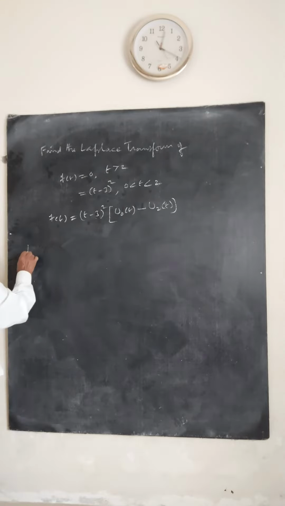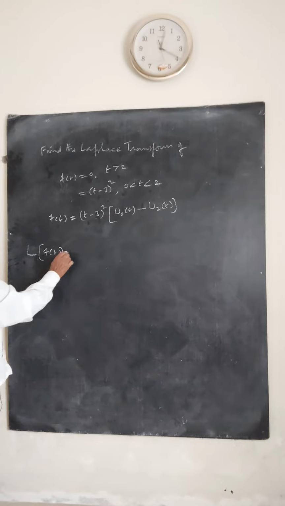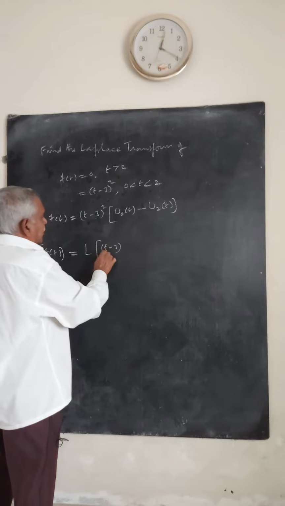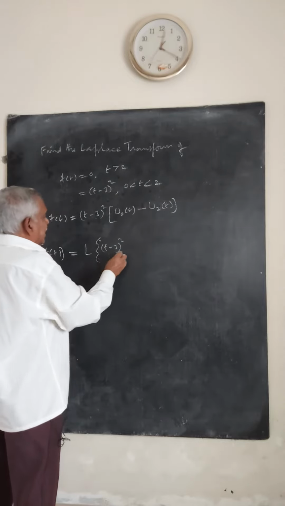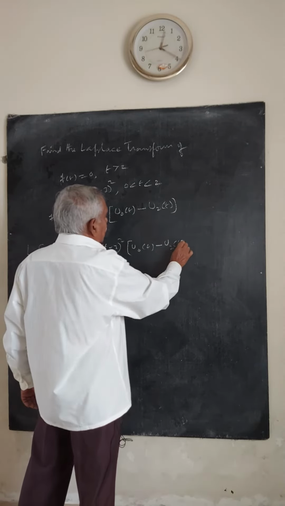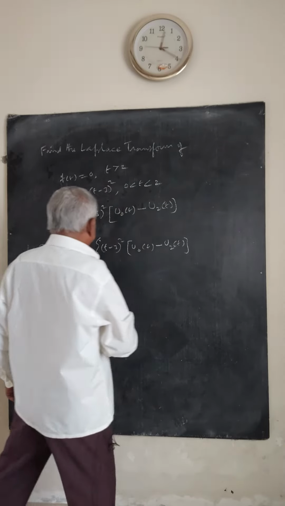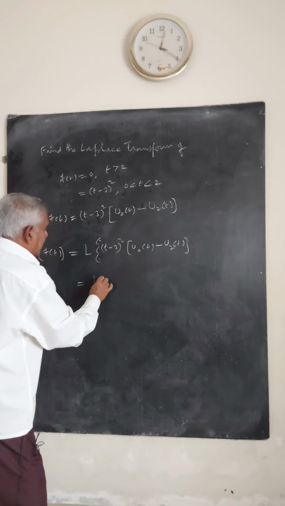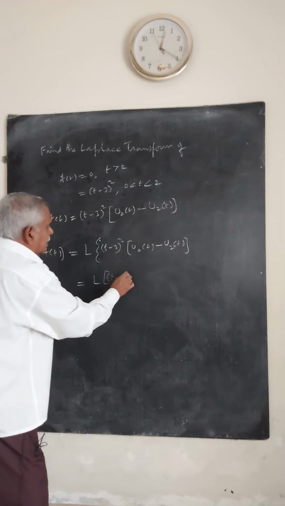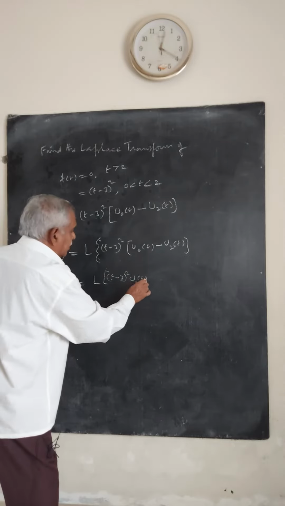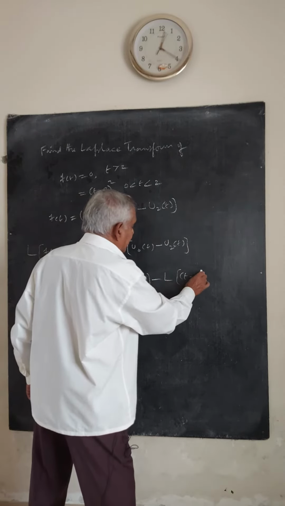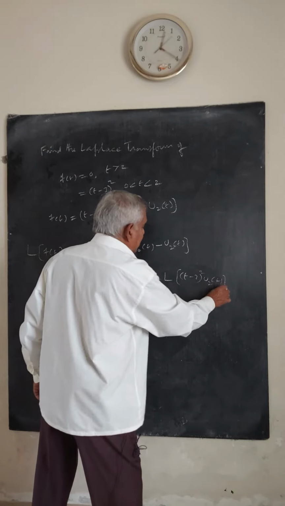Let us do the Laplace transform of f of t. F of t equal to L of t minus 3 square, full bracket, of u of 0t minus u of 2t, equal to the Laplace transform of t minus 3 whole square u of 0t minus the Laplace transform of t minus 3 whole square u of 2t.